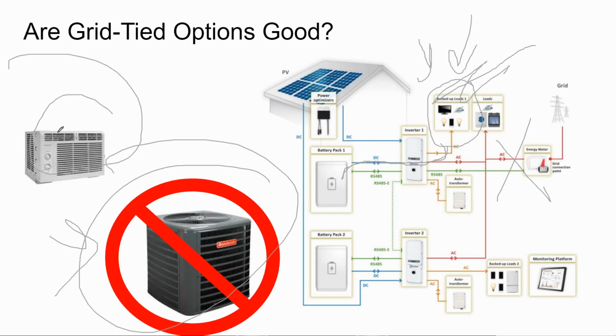They could do a 120 volt window unit, but they can't take the central air conditioning. And so that's the problem that I have with a lot of the grid-tied inverters, which rely on the critical load to isolate the solar array and critical load from the grid during a power failure: their critical load output capacity is simply not very much.